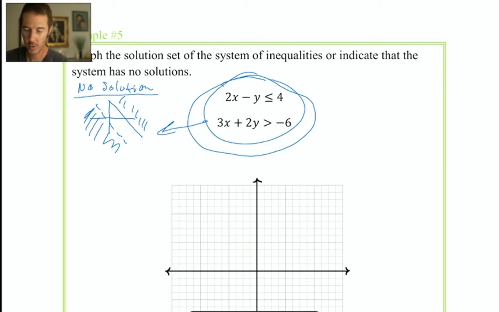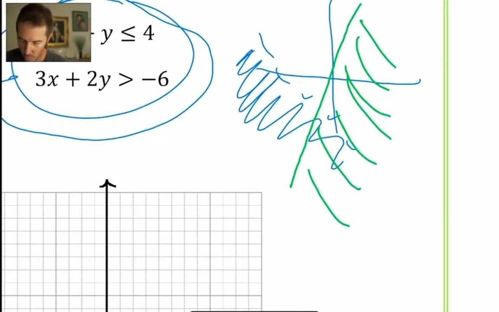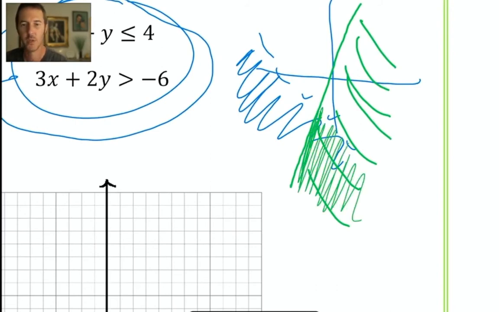So what we're hoping for is something more like maybe a dashed line here with some shading, and then maybe a separate line that comes through like this with shading here, and then you'll notice that there's some overlap in the shading, and that overlap happens down here.